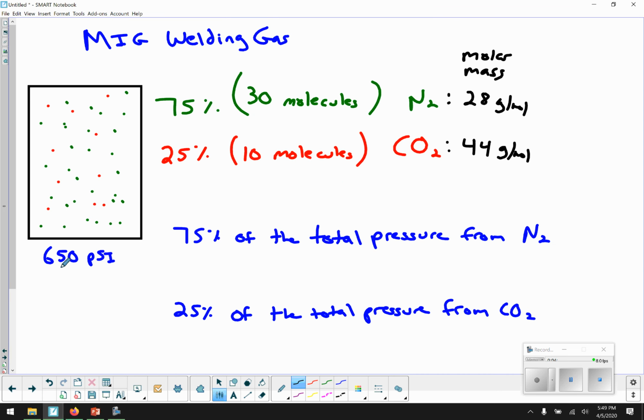So let's say I have my MIG welding gas, and it is 75% N2 and 25% CO2, and it's at 650 psi. Actually, let's make that 650 kPa. I won't use psi. We didn't talk about that as a pressure.